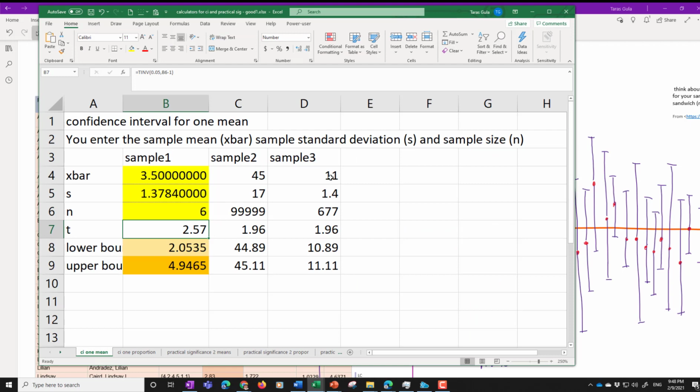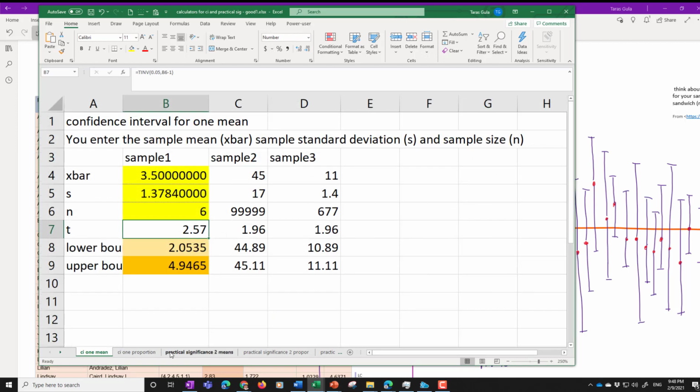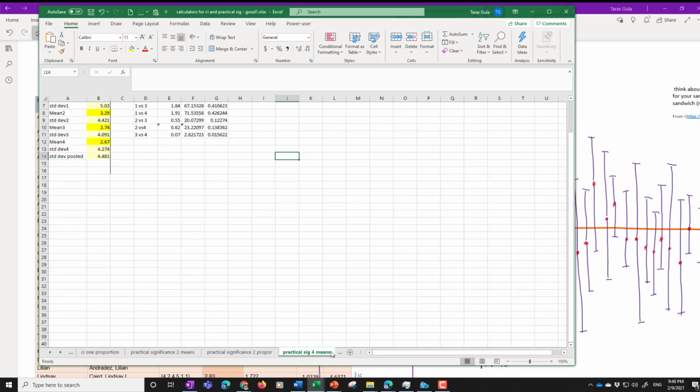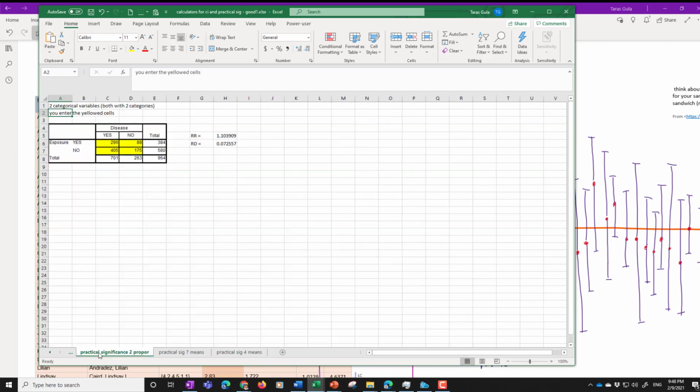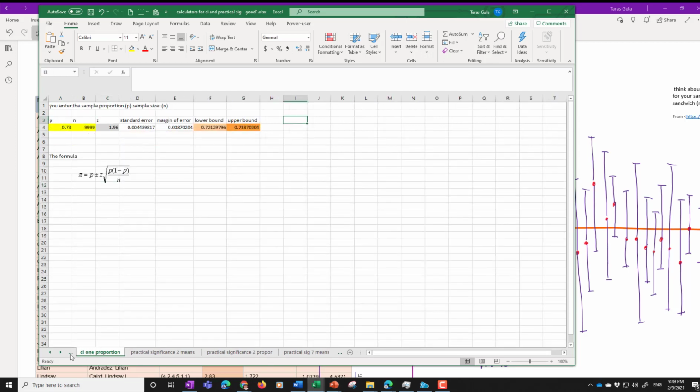Excel calculator. If you'll notice in the bottom of the calculator, there's also confidence interval for one proportion. So confidence interval for one mean, practical significance for 2 means, and so on. This is something that we'll use. You save it; you'll use this for this course further on.